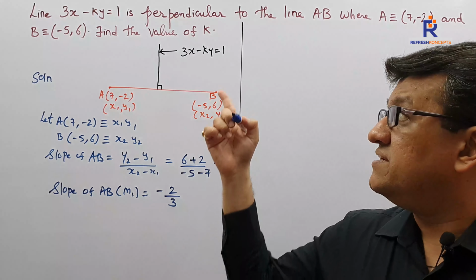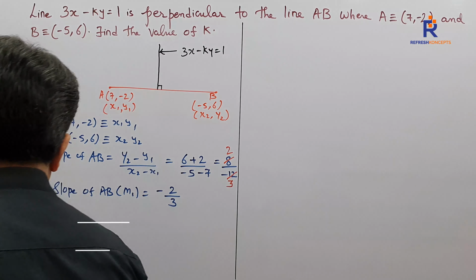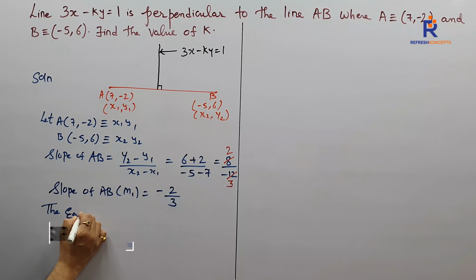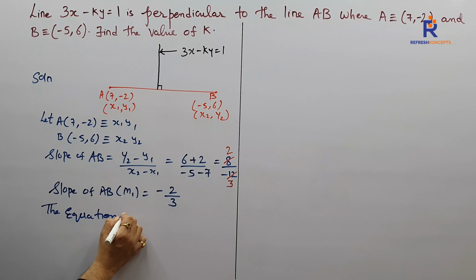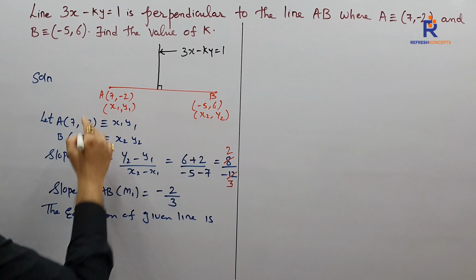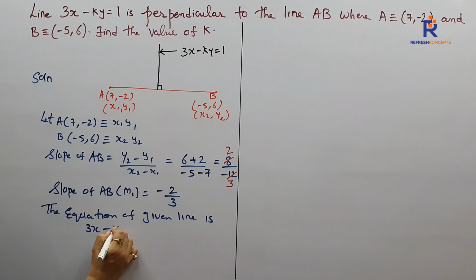The other line is 3x minus ky equals 1. The equation of the given line is 3x minus ky equals 1, children. We need to find out the slope of the same. How do we do so? By converting into y equals mx plus c format.